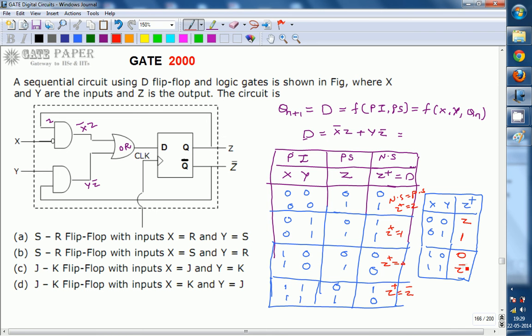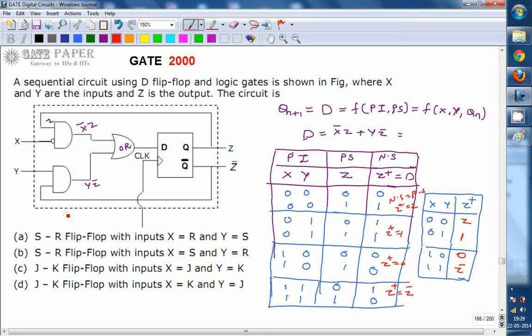If you look at the truth table of xy, you are going to get present state as next state, complement of present state as next state, and set state, reset state. All these things are only available in the JK flip flop, because in SR flip flop there is no complement state.